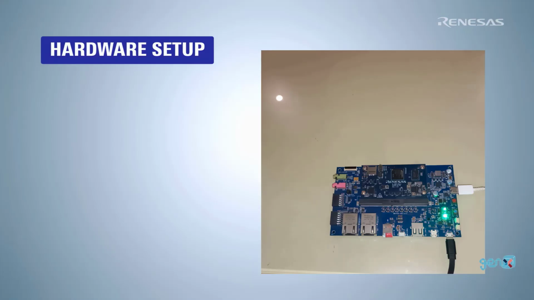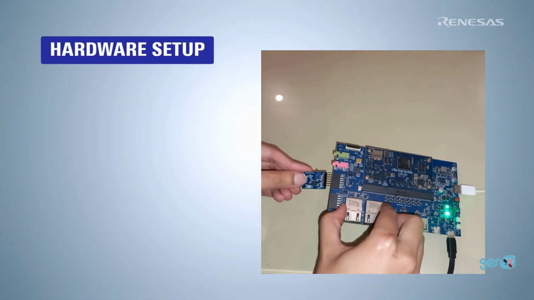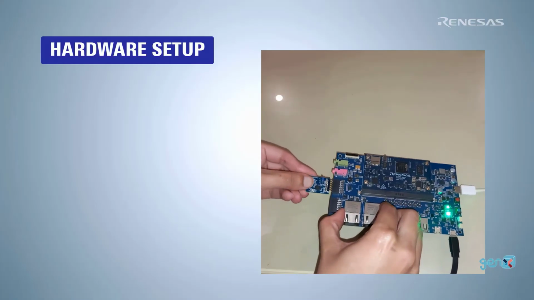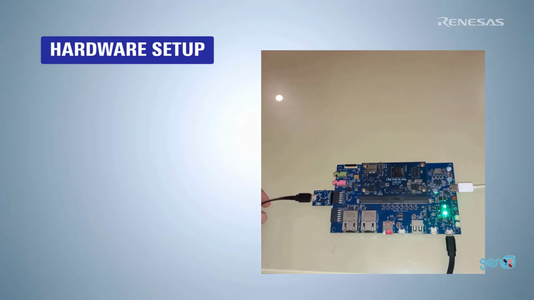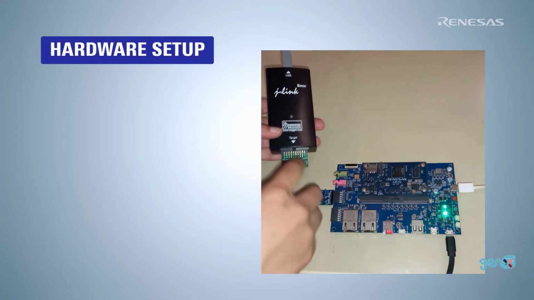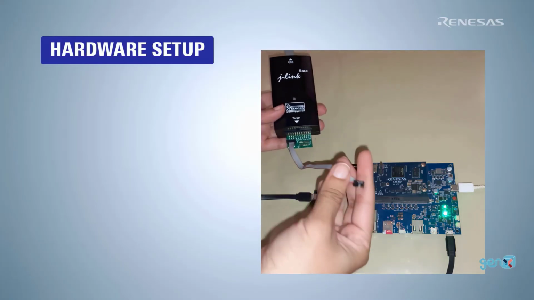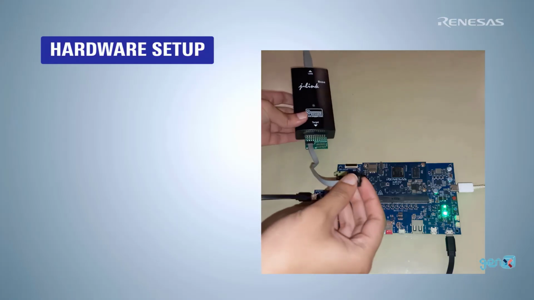Connect the PMOD USB UART module to the board to enable the serial connection of the Cortex M33. Along with it, we have the serial cable over here, and connect the other side to your PC. For debugging, attach a J-Link debugger, which is this one, along with the 9-pin connector cable.